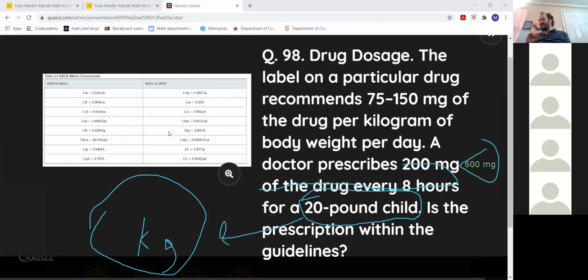So we are almost done. This is the last one. We just got to convert 20.